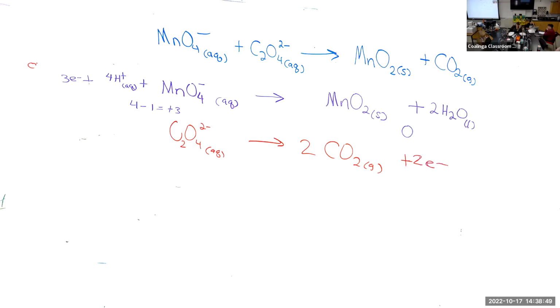Okay, so if I wanted to balance this out, what am I going to do? You have to multiply the bottom by 3 and the top by 2 to balance the electrons. By 2.